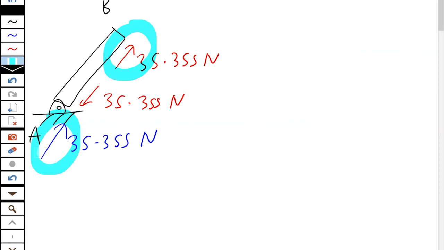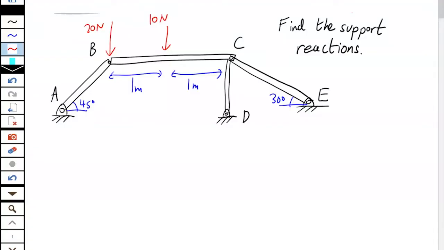So if we want to find the support reactions, and we do, because that was the question, then we can just plug them in. The support reaction at A was 35.355 newtons along AB. The support reaction at E was 28.867 newtons pushing along CE, and D we found was in tension, so it's pulling.